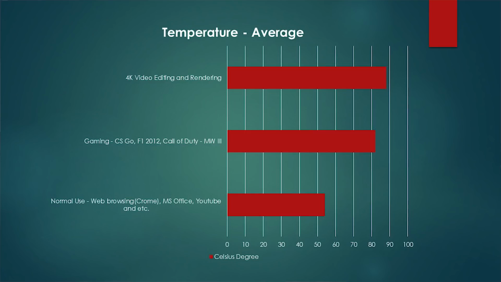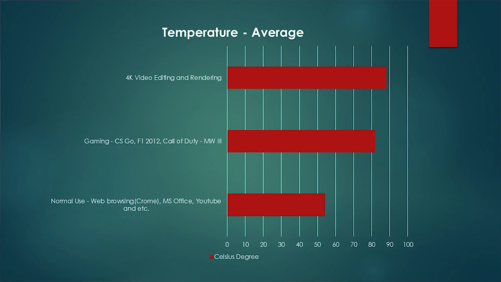If you are going for video editing, the temperature again goes to around 80 degrees, and if you are editing a 4K video or rendering a 4K video, it touches 90 degrees Celsius. The CPU starts thermal throttling. So yes, the rendering takes a little toll in temperature, but that's acceptable. I always say when you have a discrete graphics card in a laptop, there should be two fans in two different heat pipes for each CPU and GPU.